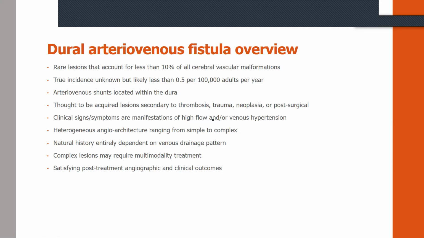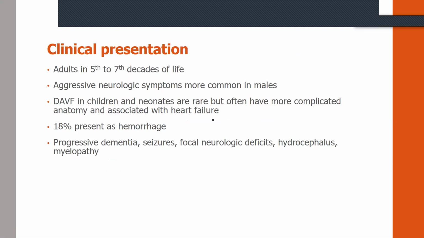But they're very satisfying to treat because oftentimes the patient who presents with something like this is completely healthy otherwise. They often present in the 5th to 7th decades of life in adults. And the most common presentation is someone who is completely healthy and then for the past 6 months has had this pulsatile tinnitus, this ringing in their ear, or they've had problems with myelopathy or hyperreflexia.